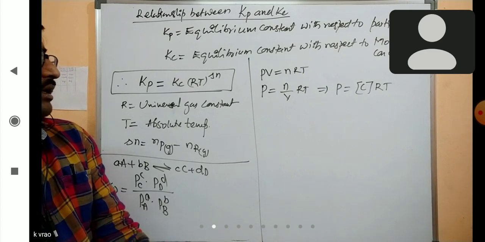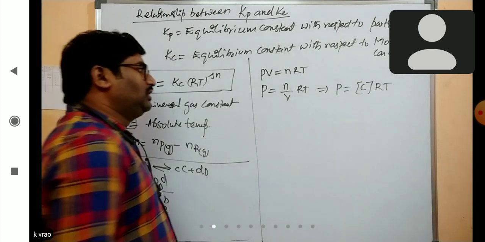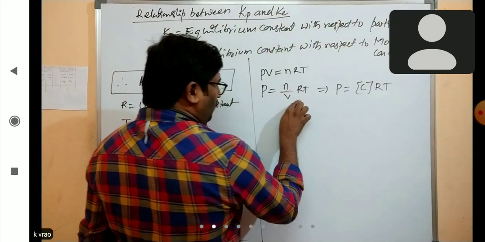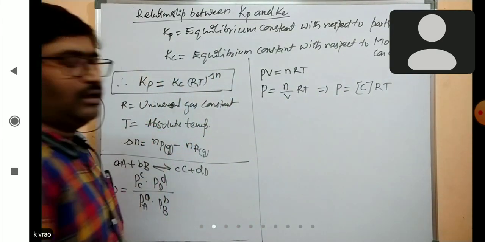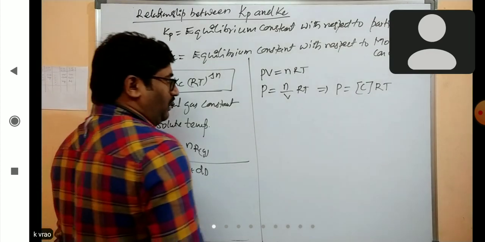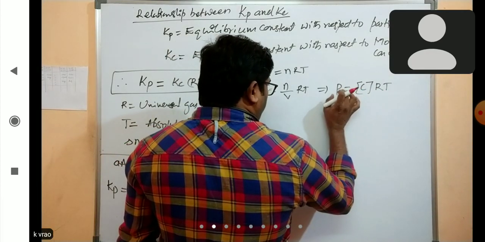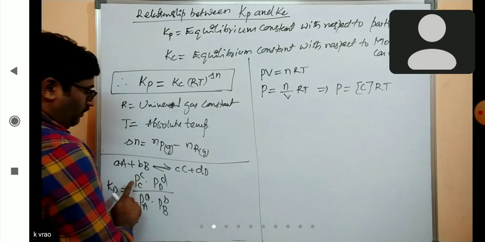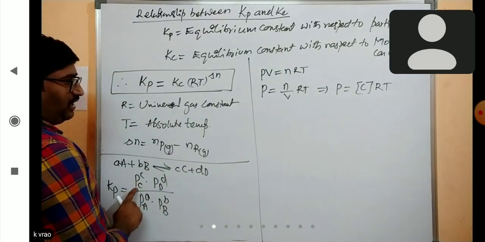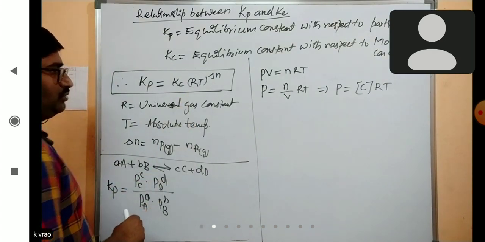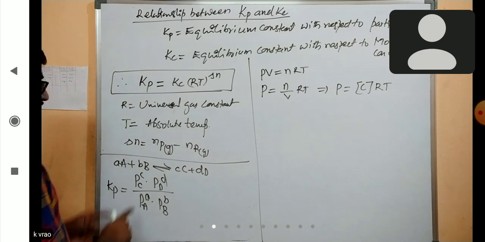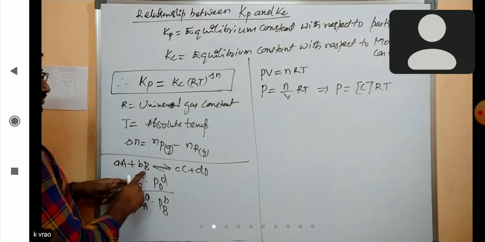So we take the concentration n by V, number of moles by volume in liter, as its concentration or molarity. So in place of P, in the partial pressure expression, we can write concentration into RT, concentration of C into RT power c.